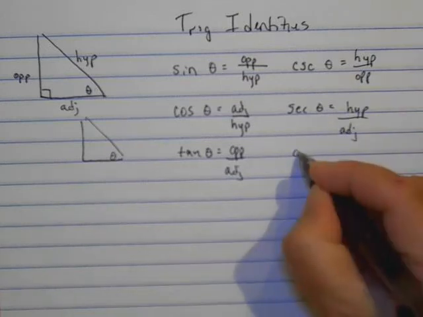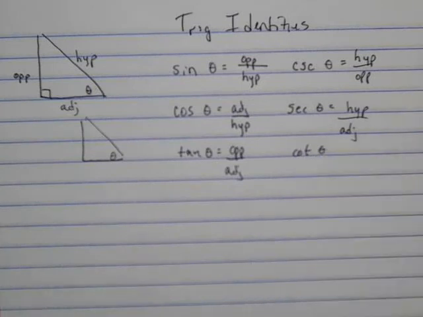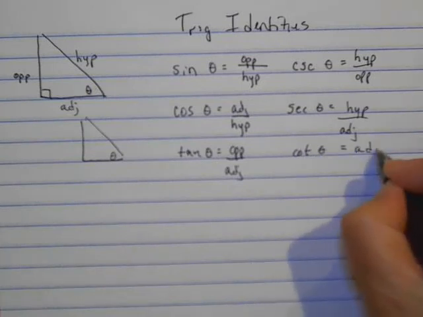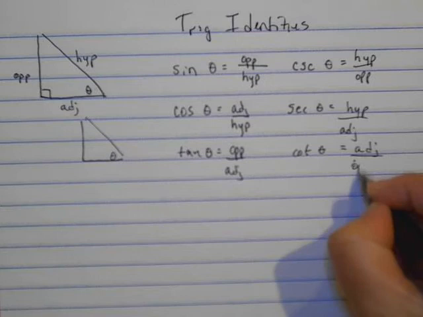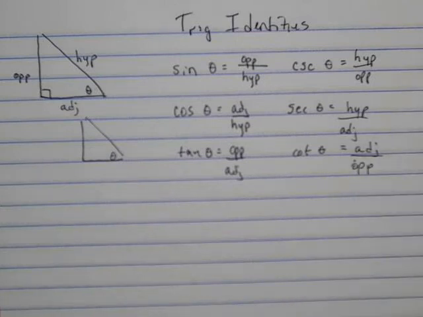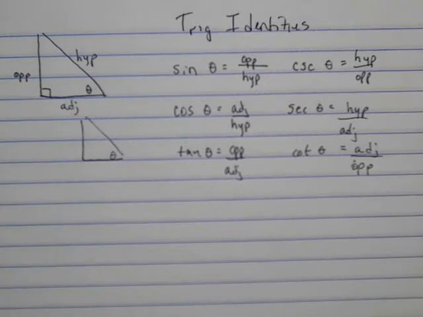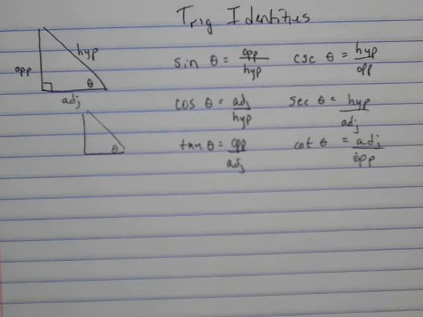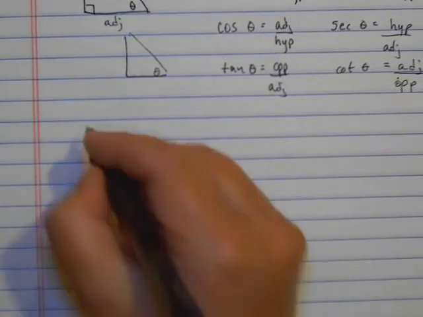And then cotangent is the adjacent over the opposite. So you can write them in terms of the opposite, adjacent, and hypotenuse, or you can just use the reciprocal identities. We know that they are reciprocals of each other.